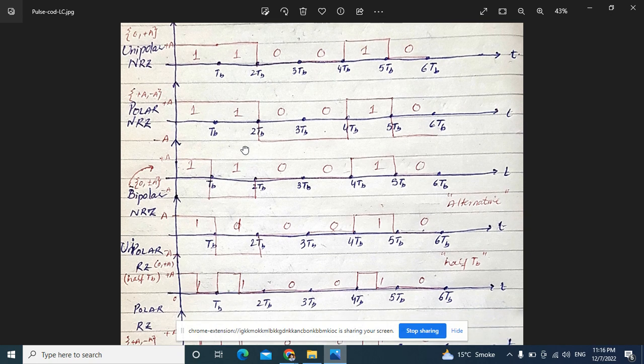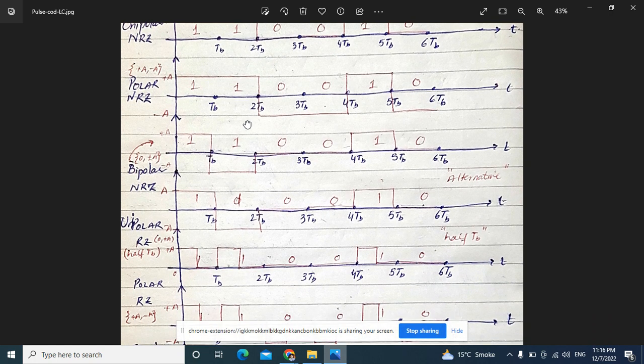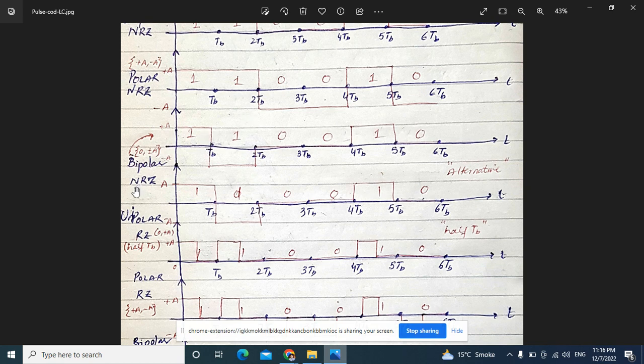Similarly, if you want to represent the same data using bipolar and non-return to zero, the pulse does not return to 0, but the line coding is bipolar. For the bipolar case, you represent 0 with 0 and 1 with alternate representation.